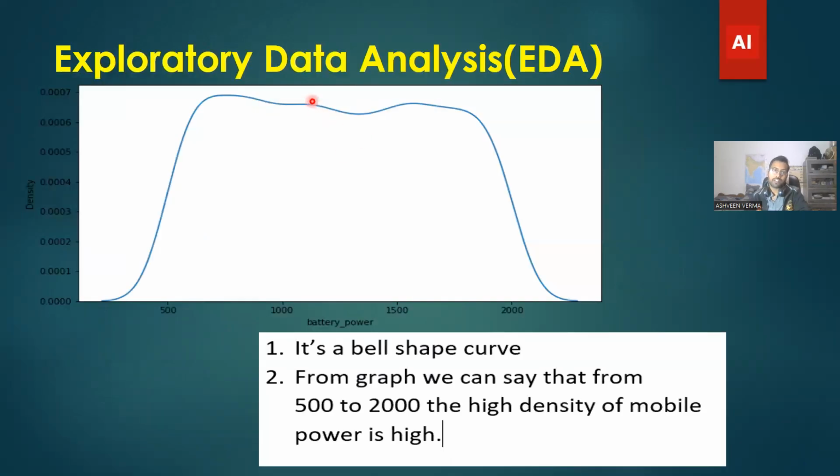So let's talk about the exploratory data analysis. From this graph we can see the battery power and the density of phones from 500 mAh to 2000 mAh. The demand for mobiles is very high there. It means people are buying phones with battery power from 500 to 2000.